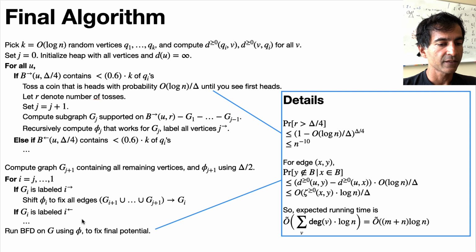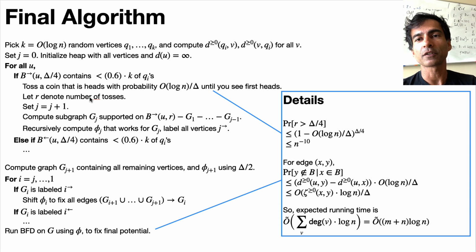On the other hand, for every edge xy, the probability that at some point in this algorithm x is covered by one of the random balls you picked, but y is excluded from the ball, that can be bounded. That's because conditioned on x being inside the ball, the geometric distribution has the property that there's some number of tails that we've seen that's enough to cover x.